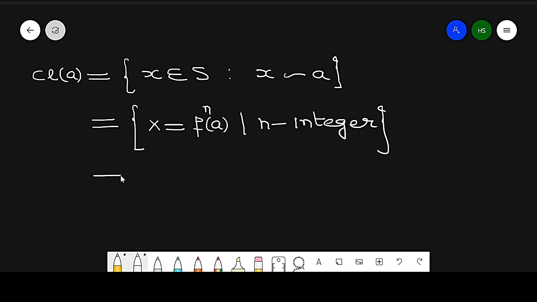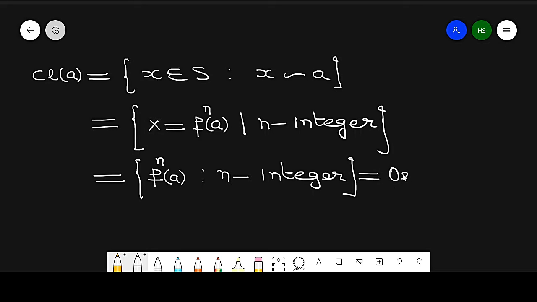So this is again written as the set of f^n(a) such that n is an integer. A set of this kind is called the class of element A, and its second name is the orbit of A.